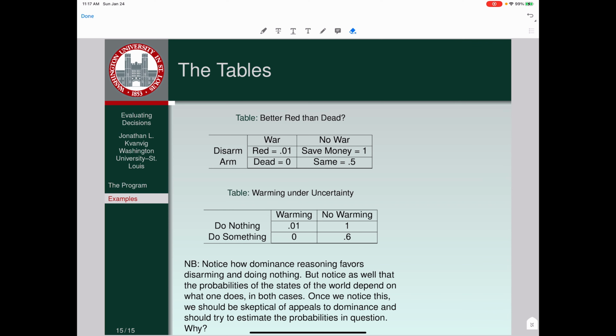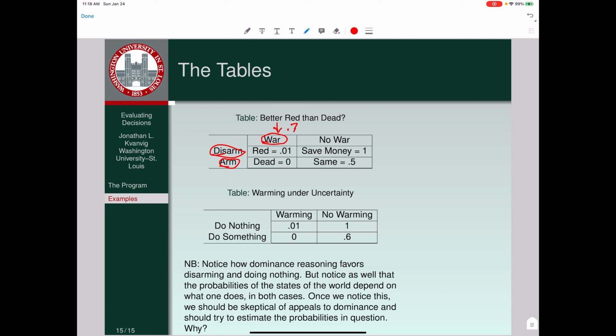The lesson then is, be careful when you engage in dominance reasoning. It's really good reasoning as long as you're confident that states and acts are independent. It's not good reasoning when they're not independent. Then you absolutely must factor in what the conditional probability of the state is given the relevant action that's performed. So you can't just say, well, there's a 0.7 probability of war.